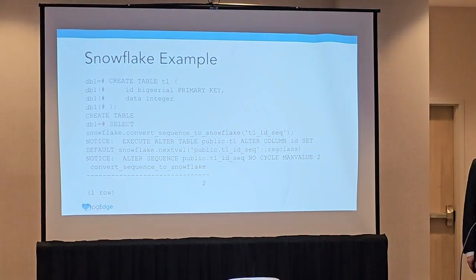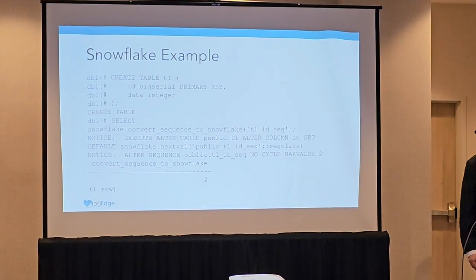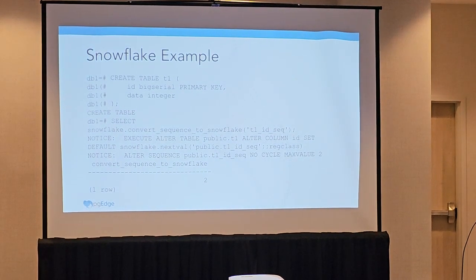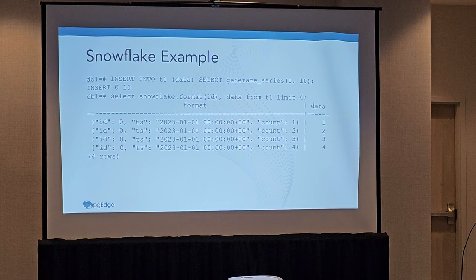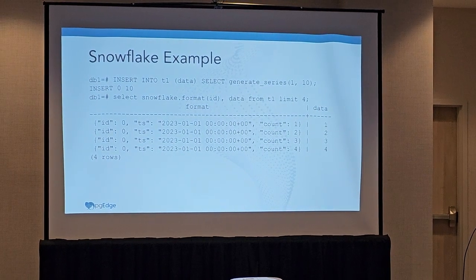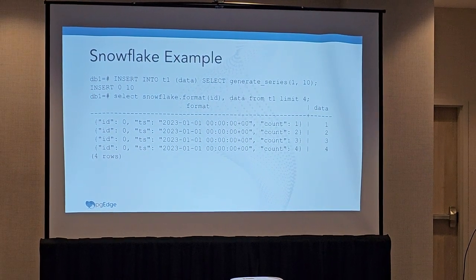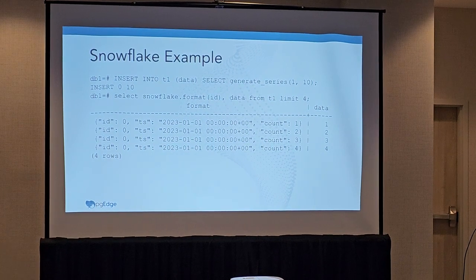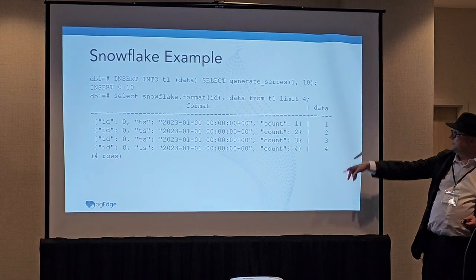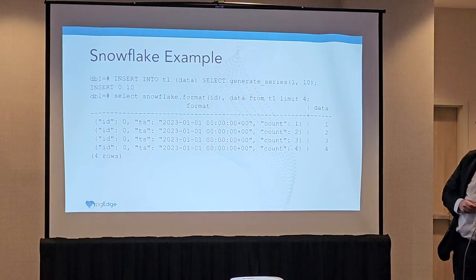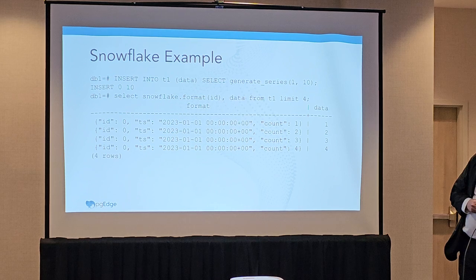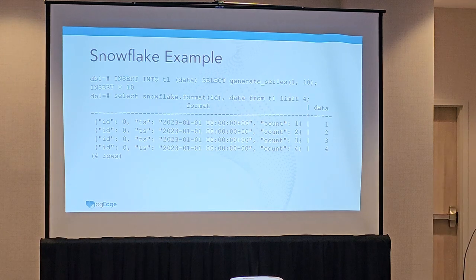It's just arbitrary information. And then, after inserting some data, I can see here the timestamps generated with the count and so on. Why is the ID 0? It just said 0 is not allowed. Back to the drawing board.